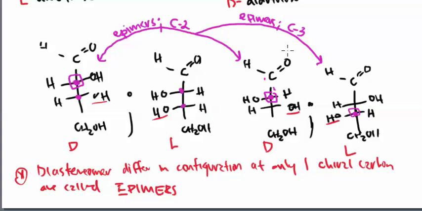Those are enantiomers. Diastereomers are something a little different, and I'm not going to tell you what that definition is going to be. I want you to look up that definition, and I want you to review that definition on your own, because I want you to put a little bit of work in it, right? So go back and review diastereomer. So enantiomer, diastereomer, and now this term called epimer.